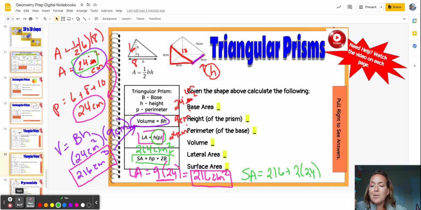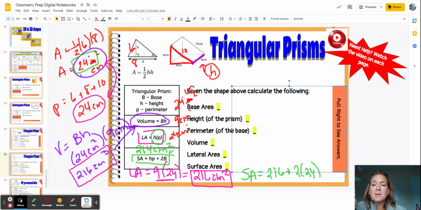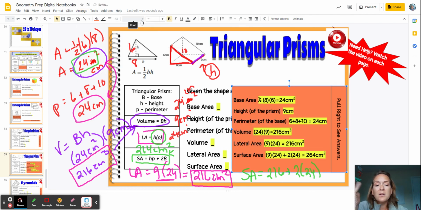So I know that is a lot to look at. Let's go see if we can make that look a little prettier. And we're going to click on our orange box. We're going to go to arrange, go to order, bring it all to the front, and let's see if we can compare. So we got our base is 24 centimeters squared. Our height is 9 centimeters. Perimeter is 24 centimeters.